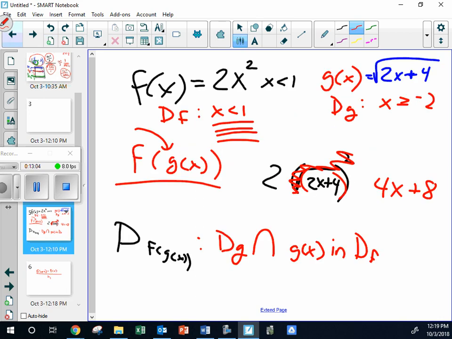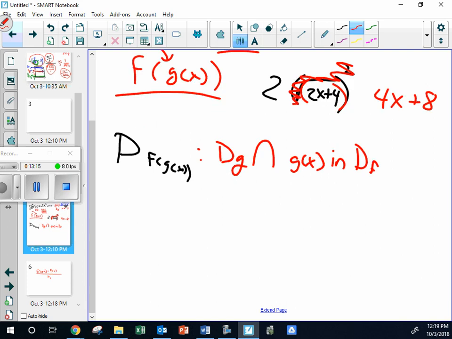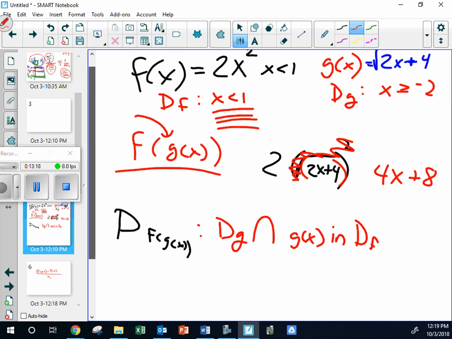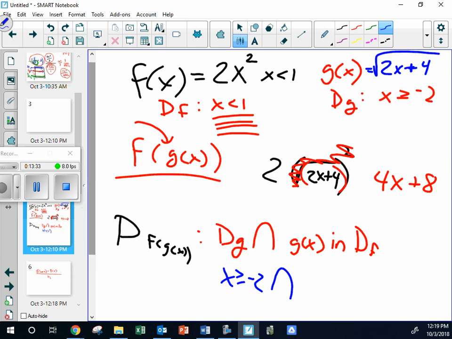Okay, so back to this. Can you finish this thing? Excellent. Tell me what to put in for DG. Excellent. Intersected with, here's the tricky part. What is G of X? Square root of 2x plus 4. Awesome. Goes into what?